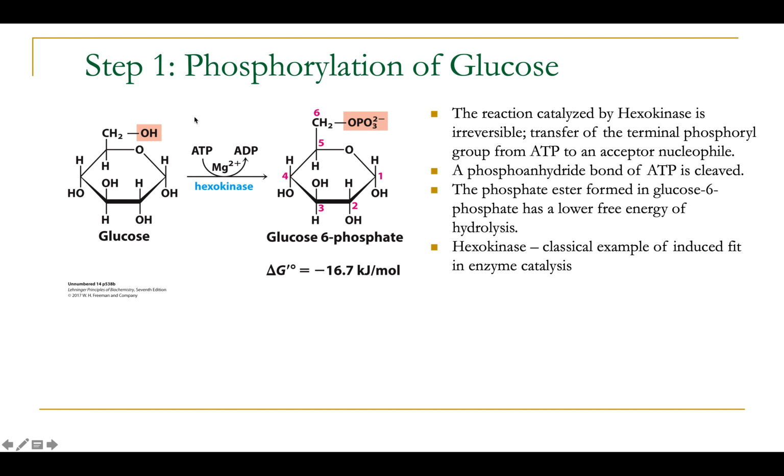The phosphorylation of glucose is catalyzed by an enzyme called hexokinase. Hexokinase uses magnesium ions as cofactors. And as we will see later, all the enzymes which operate on phosphointermediates usually have magnesium as a cofactor, which helps to coordinate highly negatively charged phosphogroups.